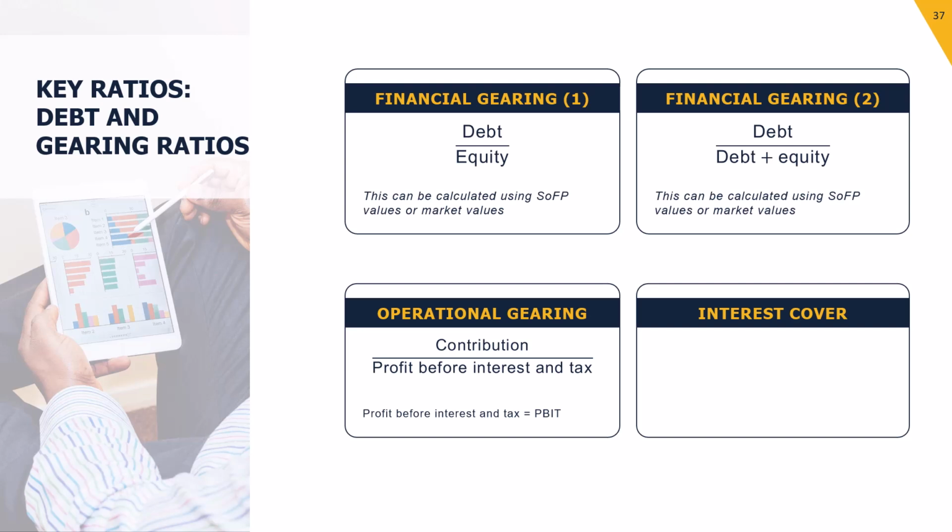And then finally, we've got interest cover, which is an interesting one because it shows the number of times that interest payments can be met. So it can be used in conjunction with your gearing because it looks at the affordability of debt finance.